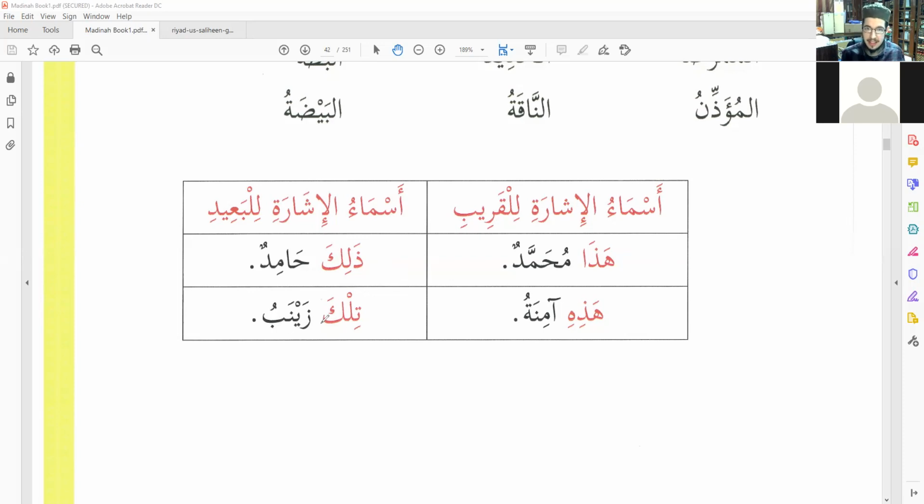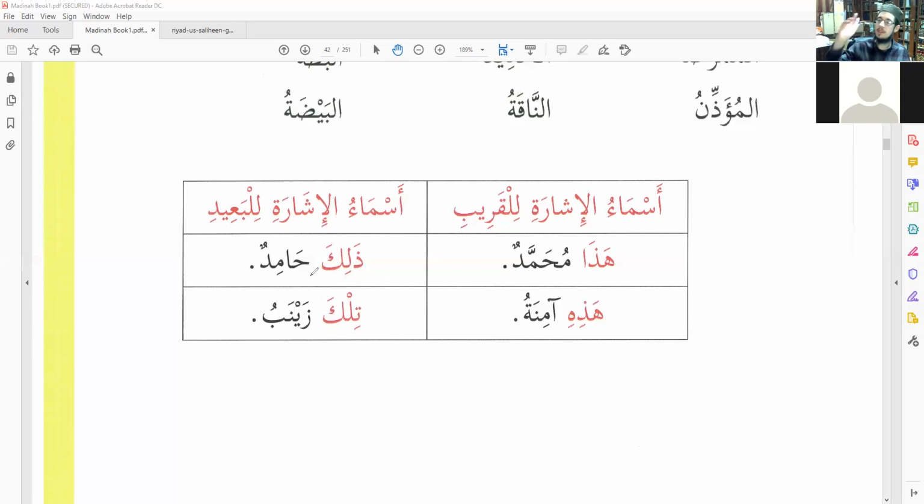Tilka. So now we have, and this is a very nice chart, Asma'ul Ishara lil Qareeb, demonstrative pronouns for nearby things. Hada Muhammadun. Hadihi Aminatu. And then we have Asma'ul Isharati lil Ba'id, demonstrative pronouns for things that are far.